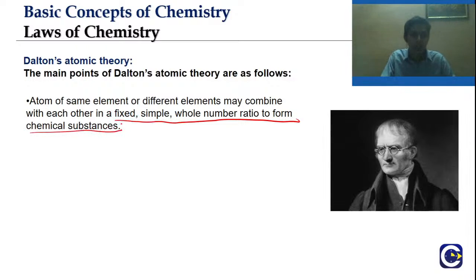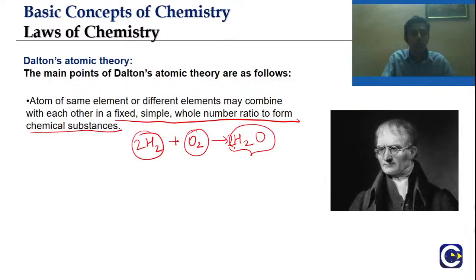So this is also true. For example, H2 will combine with O2 to give H2O. So 2H2 will combine with O2 to give 2H2O. As you can see here, two molecules of hydrogen will combine with one molecule of oxygen to give two molecules of water.